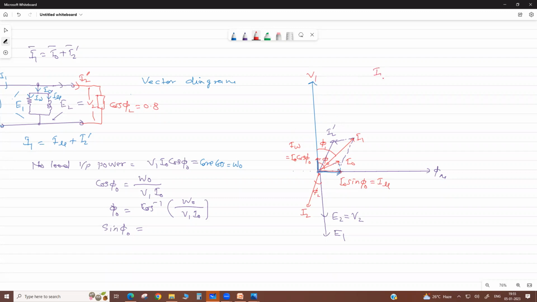So my dear, I1 is the primary current and cos phi 1 is the primary power factor. Primary power factor, primary current.